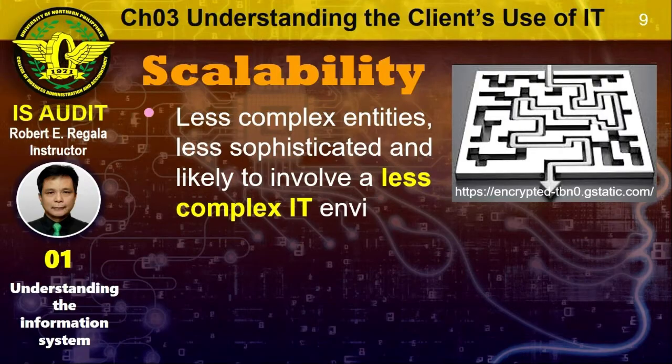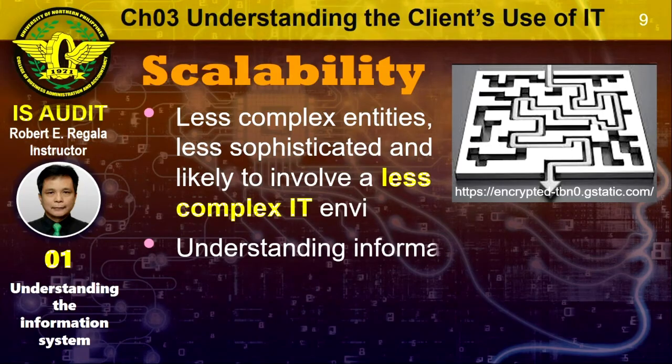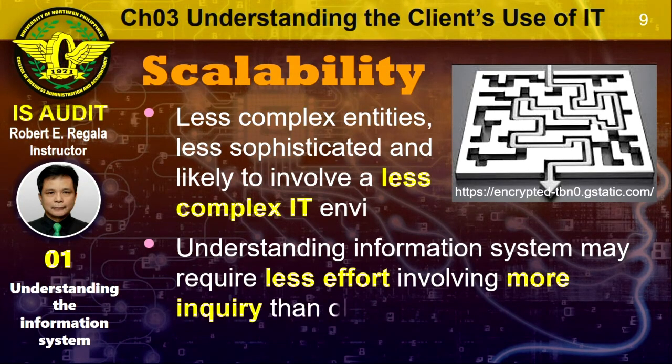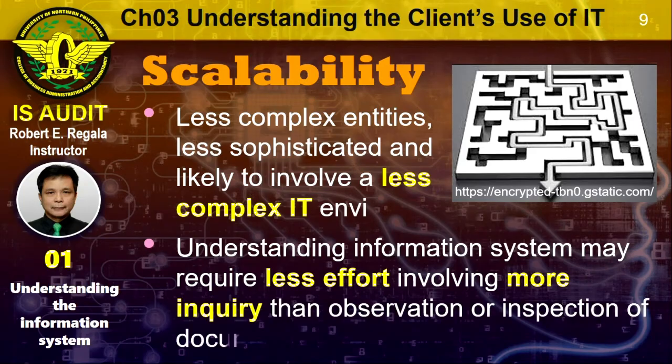Less complex entities with direct management involvement may not need extensive description of accounting procedures, sophisticated accounting records, or written policies. Understanding the relevant aspects of the entity's information system may therefore require less effort in an audit of a less complex entity.